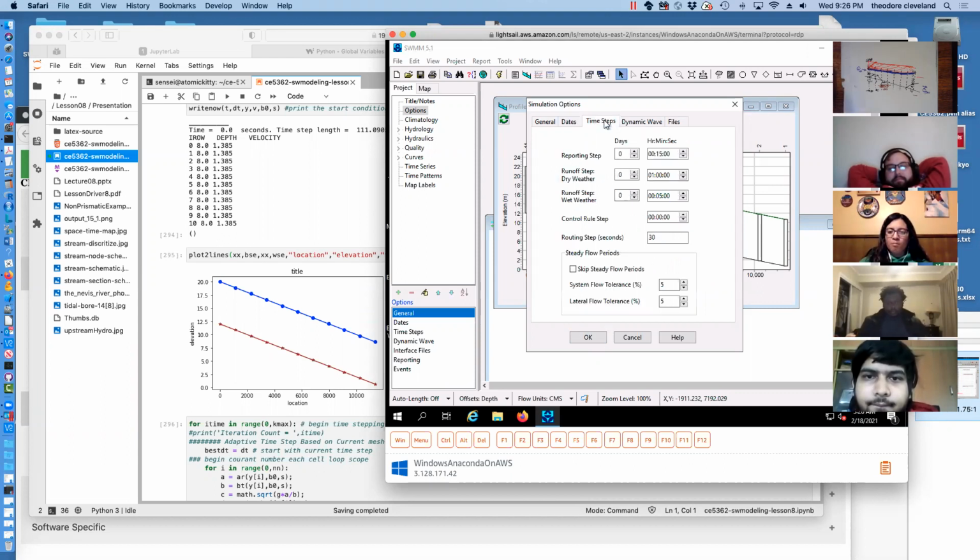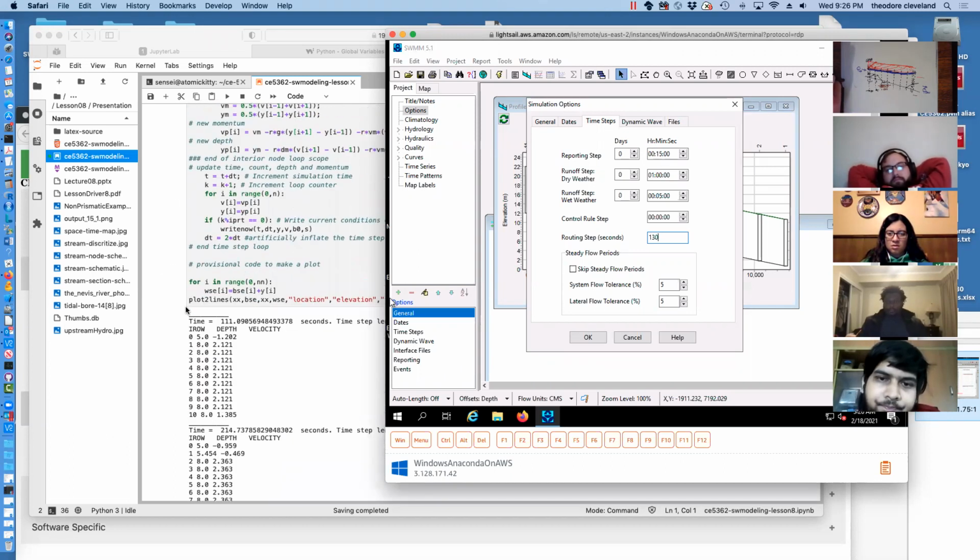And here's what I was talking about, time steps. So we can set our routing time steps. The default is 30. If you recall, in our simulation, we were all around 111. Let's try, how about 130? It'll automatically fix it. And then the reporting step is how often we want it to produce output.